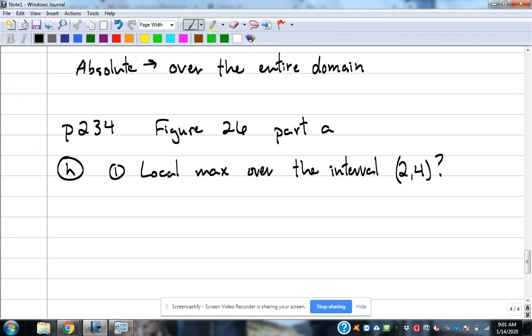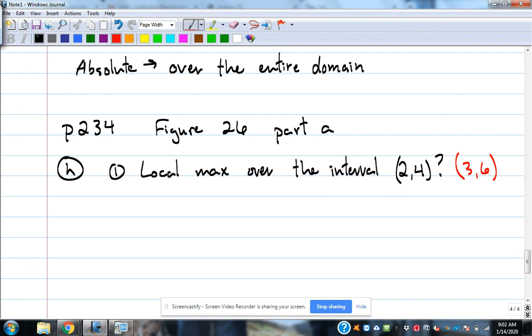So a local max is going to be the highest point over that interval. What is the highest point in between 2 and 4 in the x values? What's the ordered pair? Say it louder. (3, 6). That's the highest point. See that peak in the graph? That's a local max. All right.